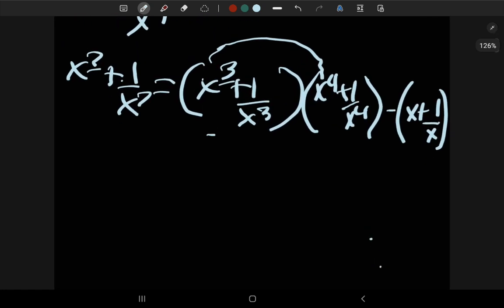So now we write the first equation, x cubed plus 1 over x cubed is equal to 18.